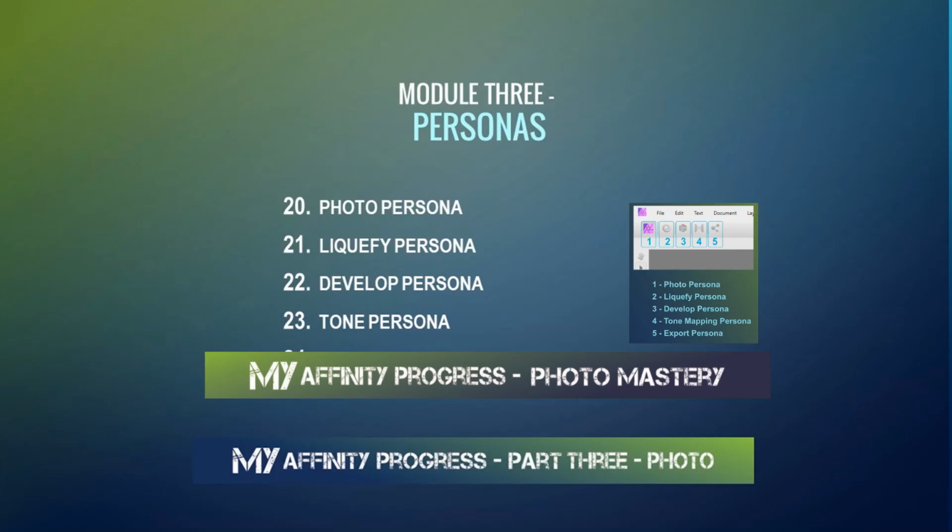They will alter the tools that you use within the toolbar and the menus, and they will speed up a lot of the processes if you know what to do within each persona. So in this module we're going to cover each one of those and how best to use them.